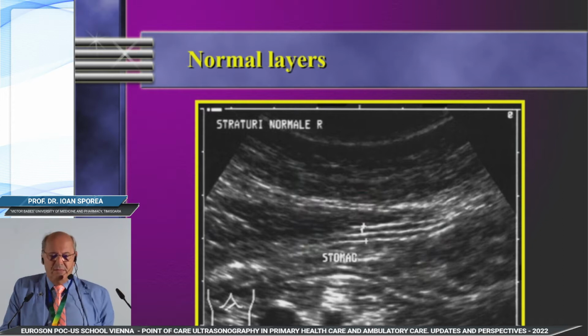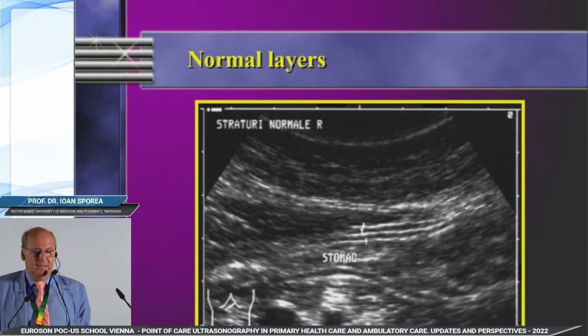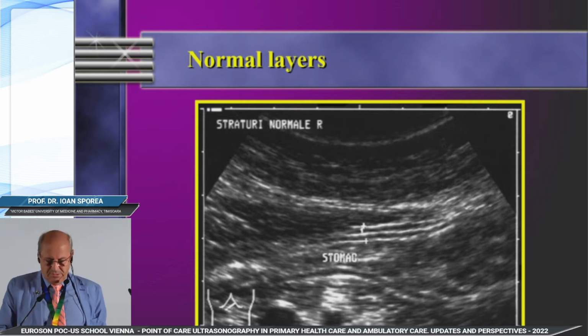In this image is the stomach, the antrum here, and we can see the anterior wall with the 5 layers. And yes, there was a question about the posterior wall of the stomach. It's a little more difficult, especially if the patient is not fasting, because the food doesn't let us see this part.